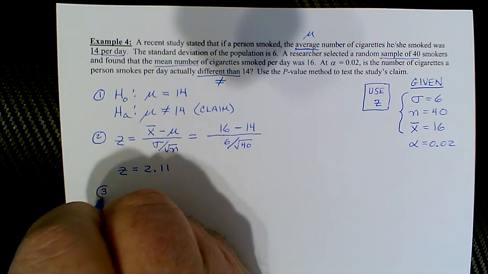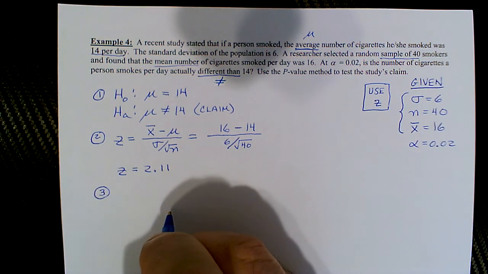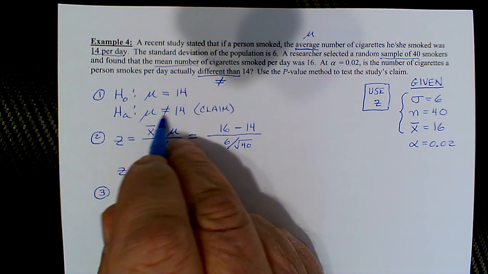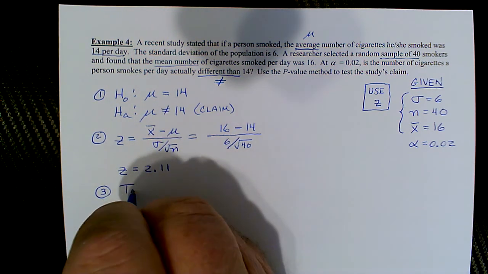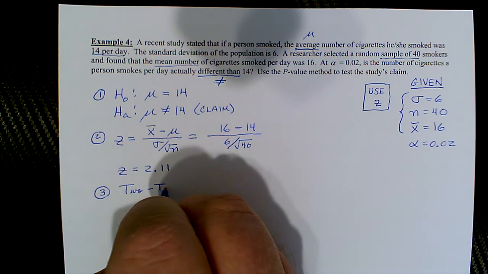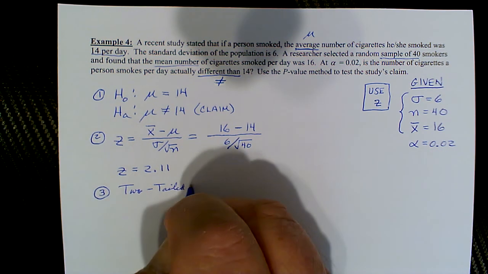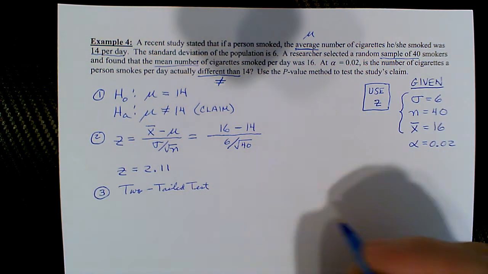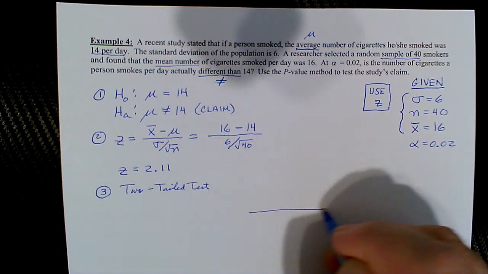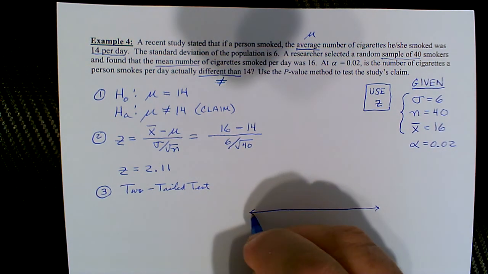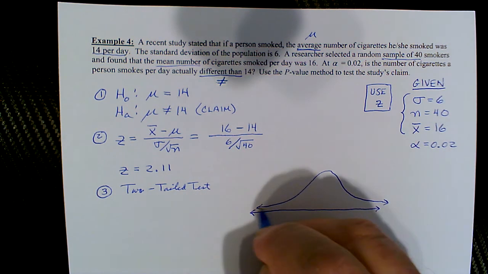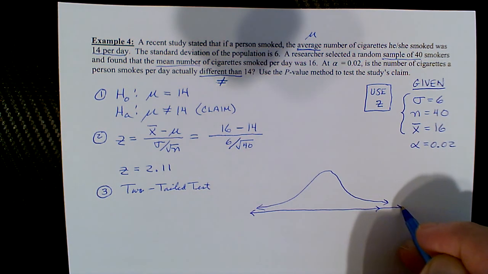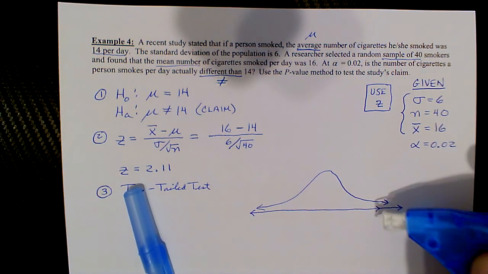Next thing is to find the p-value. First, determine what type of test. Remember, you look at the inequality in HA. So it's a two-tailed test. So we draw the distribution. Okay, and the p-value is based on the sample statistic.